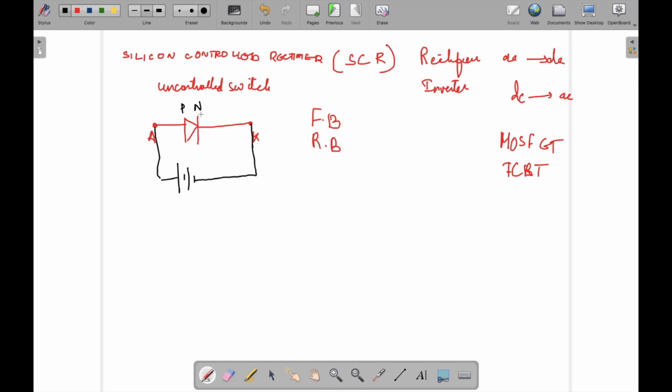That means we have electrons as the majority carriers in the N region and holes as the majority carriers in the P region. The negative terminal of the battery will be repelling the electrons in the N region, because like poles repel each other. These electrons will be pushed across to the P region over the depletion layer, and therefore we have a current flow happening. By convention, we follow the current direction opposite to the flow of electrons.